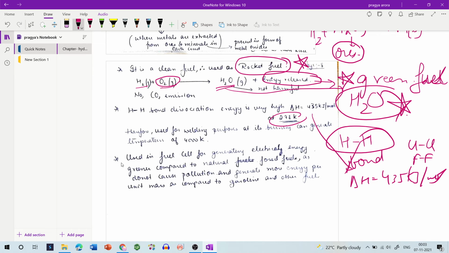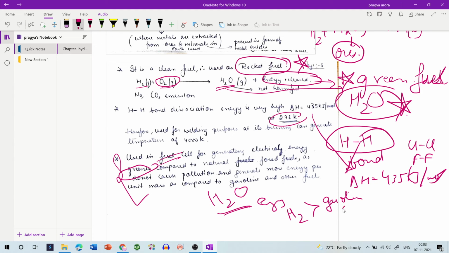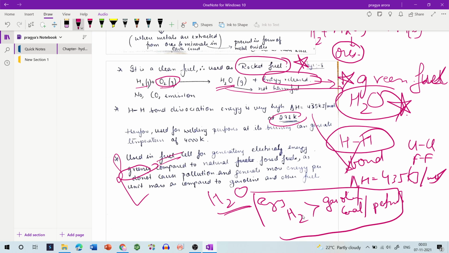So it is used for generating electrical energy in fuel cells, and it is greener as it releases H2O as a byproduct. Also, the energy released by hydrogen is much greater than that of gasoline, the petroleum product that we use. If we compare, hydrogen releases more energy.